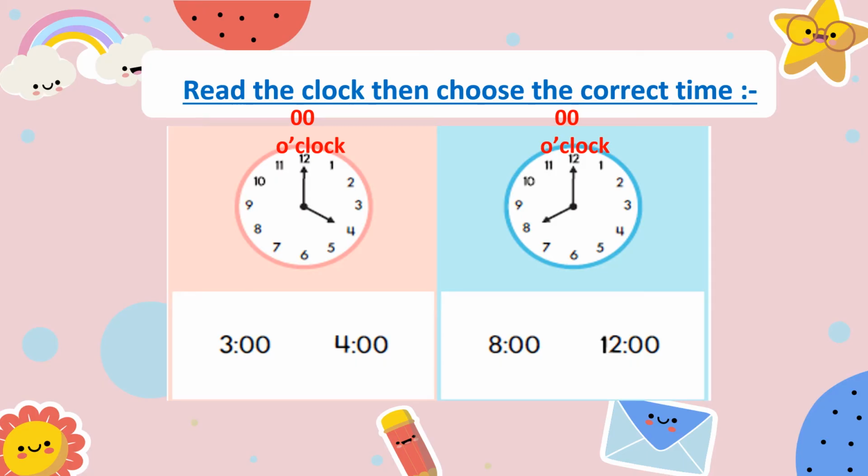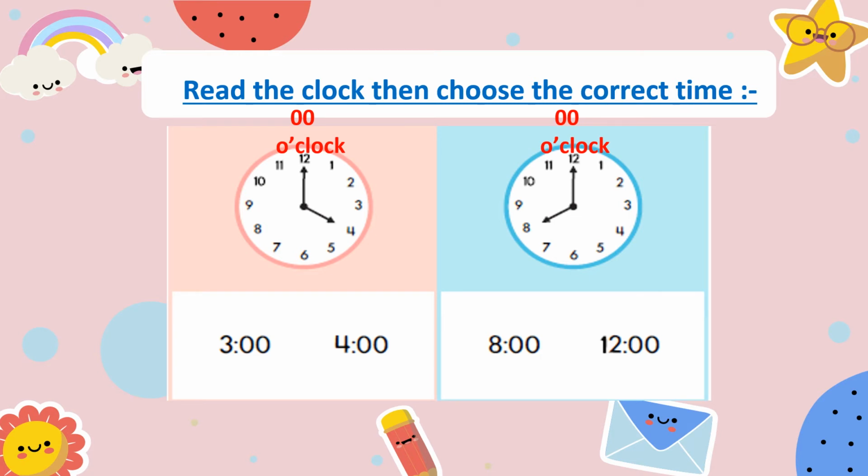Let's answer, my kids. Here, read the clock, then choose the correct time. And first, analog clock face, we have the short hand and the long hand. Okay, the short hand points to 4 and the long hand points to 12. In analog form, I don't say 12, I say o'clock. So in analog form, I say it's 4 o'clock.